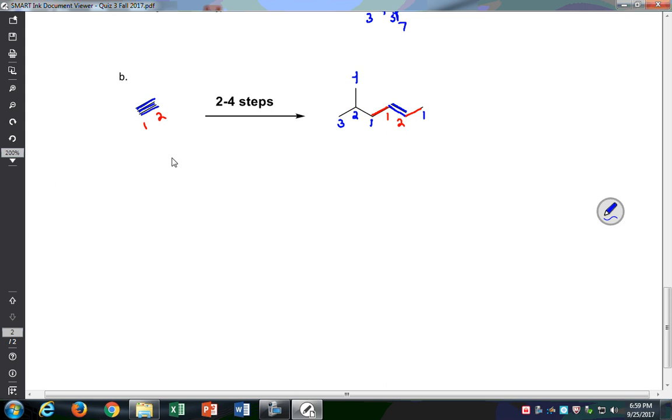So I could use my Na. I already have a triple bond. My NaNH2. That will deprotonate one of either carbon 1 or carbon 2. Let's say it's deprotonating carbon 1 first.